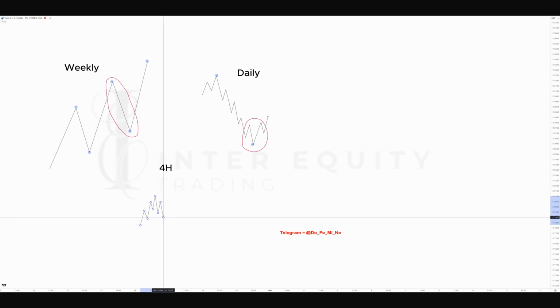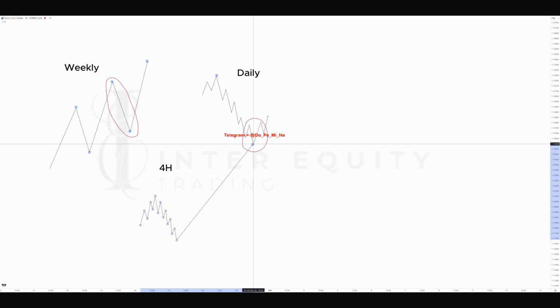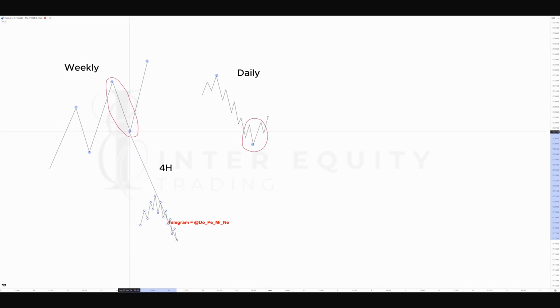Starts creating lower lows and lower highs. And then let's say this low right here is this low over here on the daily and the weekly, right? That higher low on the weekly, which is also the low on the daily, right? Would look like this on the 4-hour, okay?